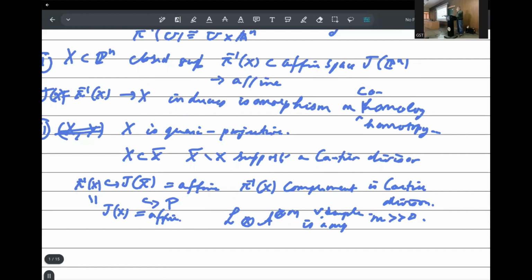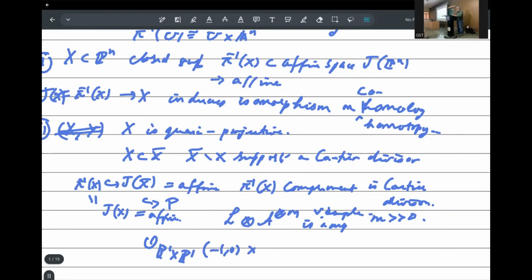No, that's not true. Take something like P1 cross P1, and look at O of minus 1 comma 0. It's not a good example here because then it doesn't have a section, so let's forget that case. You can make it have a section also, but let me not worry about that.